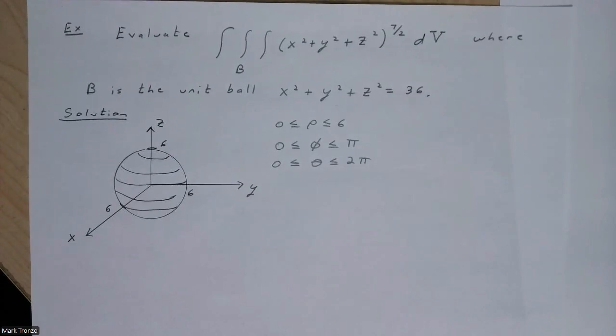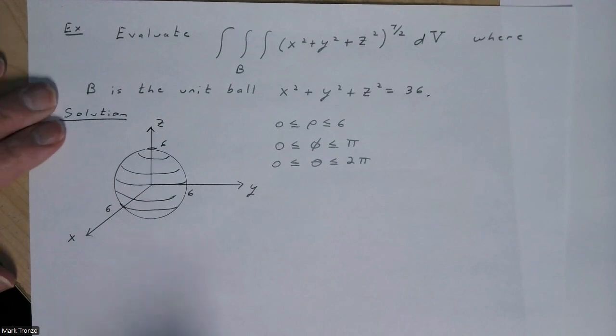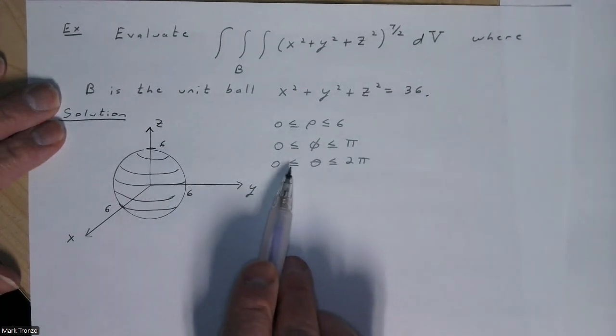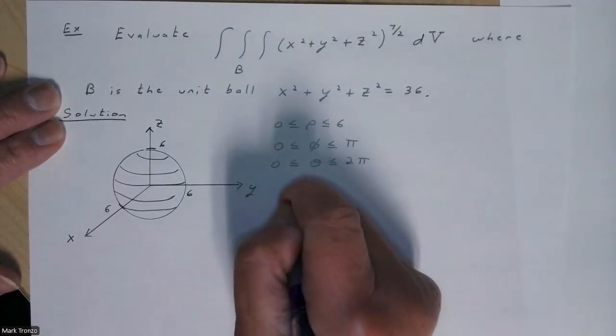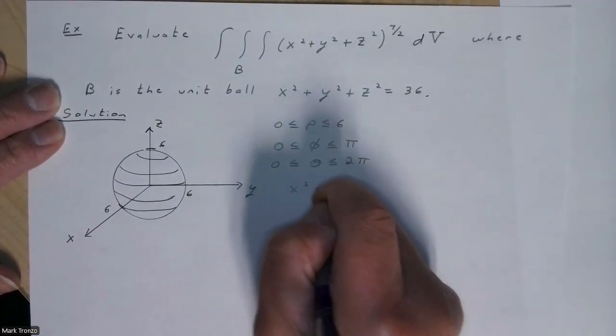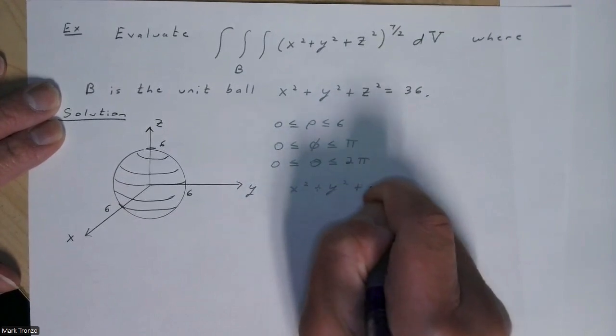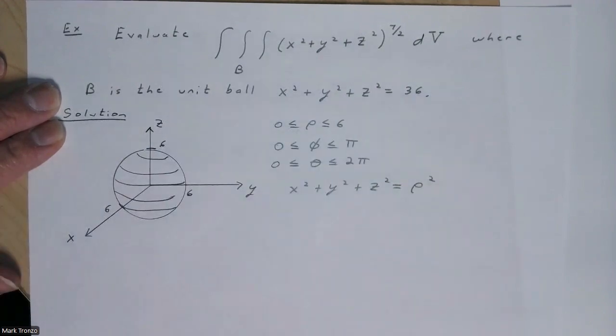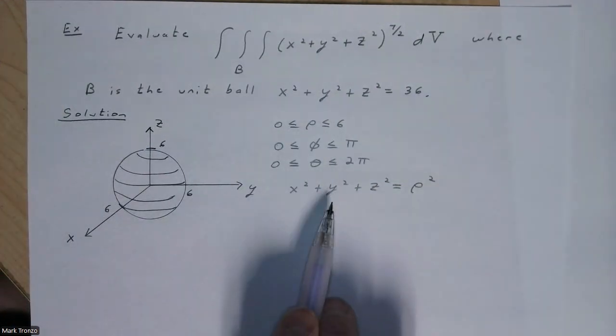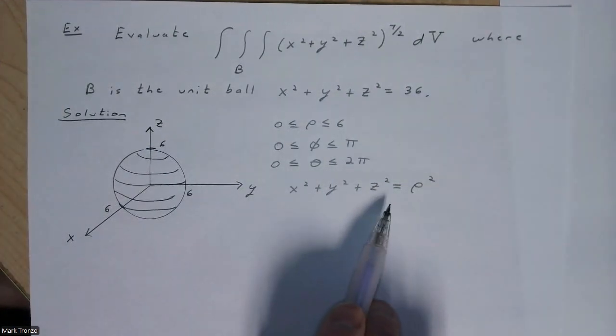And then, of course, if we want to substitute, remember, we can substitute up here x squared plus y squared plus z squared is rho squared. We're going to need that for our conversion to spherical coordinates.